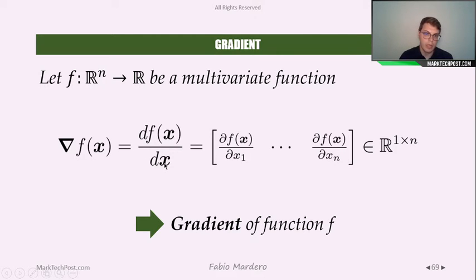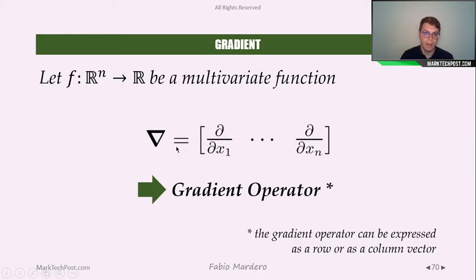It can also be written as a derivative here, but we are talking about a multivariate function now. So the gradient of a function is just the concept of the derivative scaled to multivariate functions and a little bit more complex spaces, real spaces.